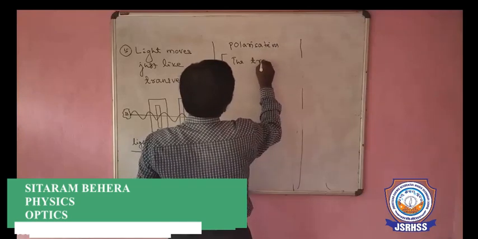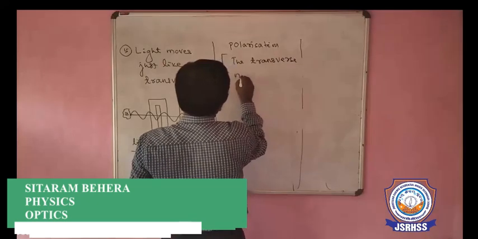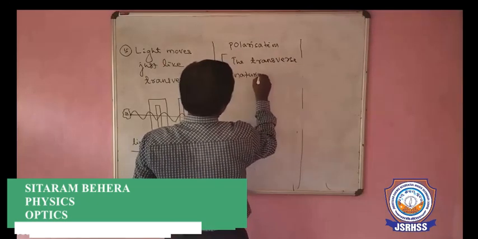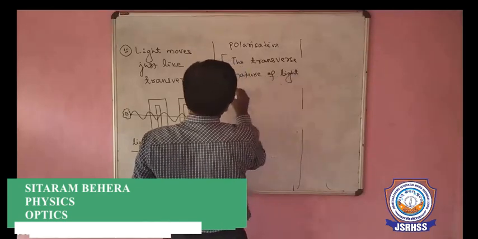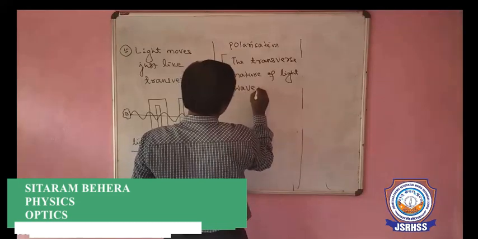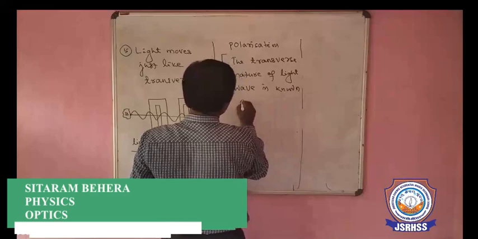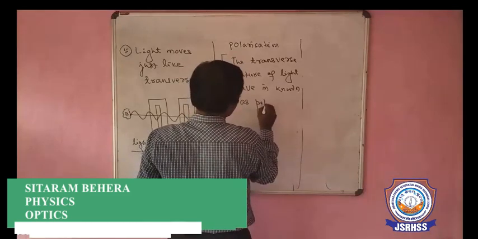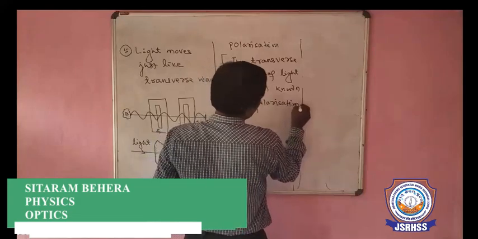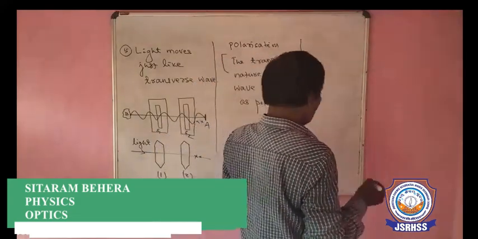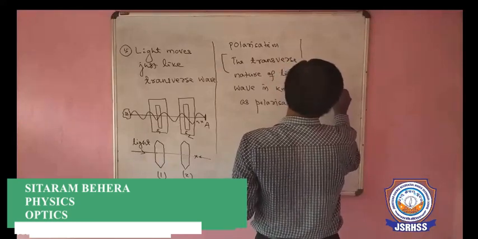That is, the transverse nature of light wave is known as polarization. It was suggested by Barthelonus.